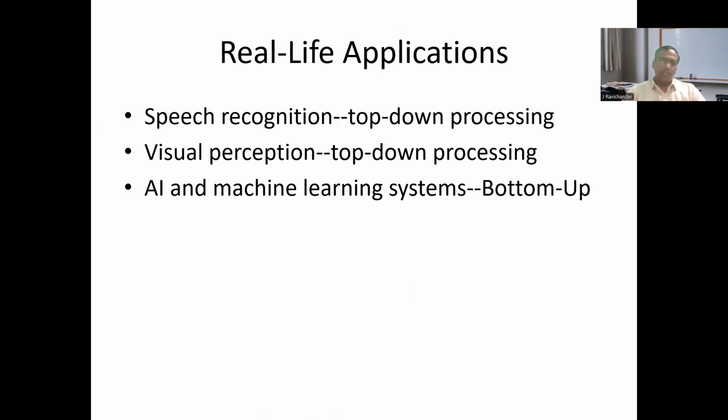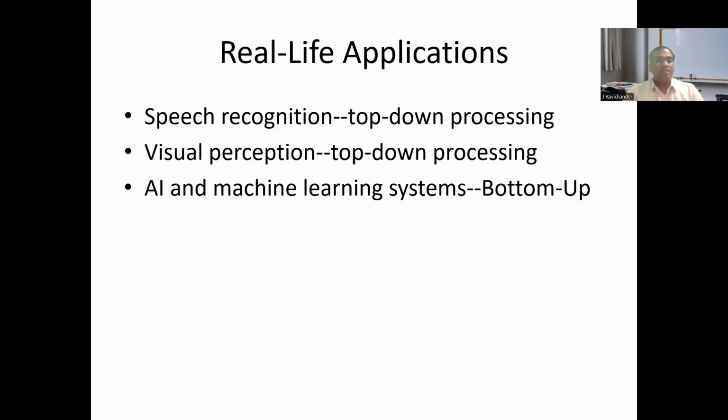Coming to real time applications. For example, speech recognition. We have speech recognition like Google Assistant, voice assistants like Siri. In that, it is going to identify the speech, based on our experience.